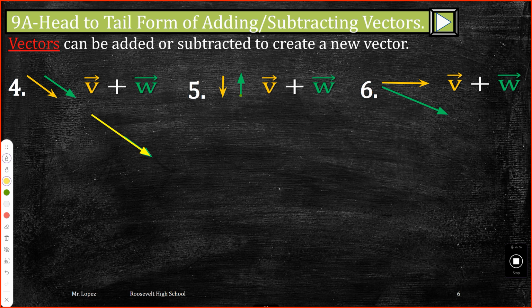Yellow. So let's draw yellow. And then I'm going to draw the green at the tip of this one as best as I can. Yeah, it's off. I've got to draw it with the same direction.